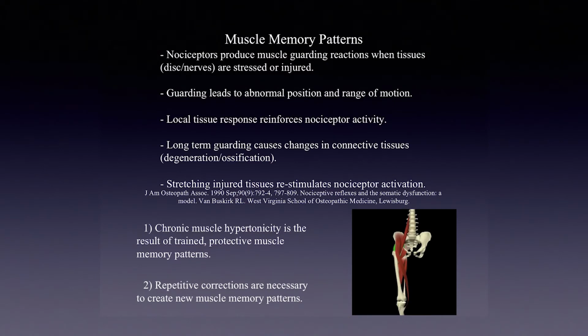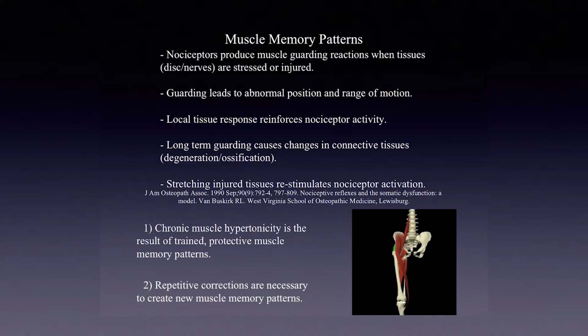Chronic muscle hypertonicity is the result of trained protective muscle memory patterns. Like I said, the runner with a little foot imbalance, now the hips and the low back are all going to be a little altered. So for us as clinicians dealing with patients, what we can tell the person is, Mrs. Jones, you've got a muscle memory pattern that you've come into my office with.